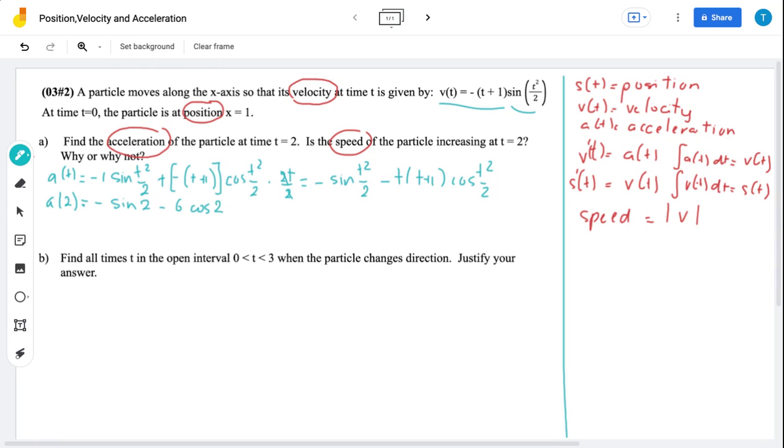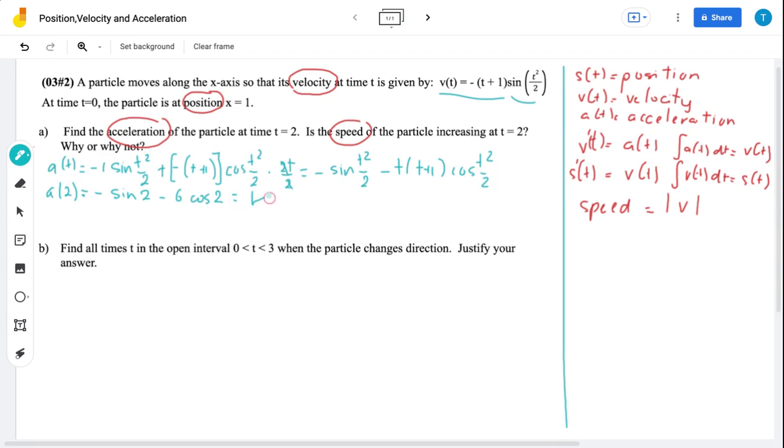Okay, so we have 1.59. So this is a positive number.